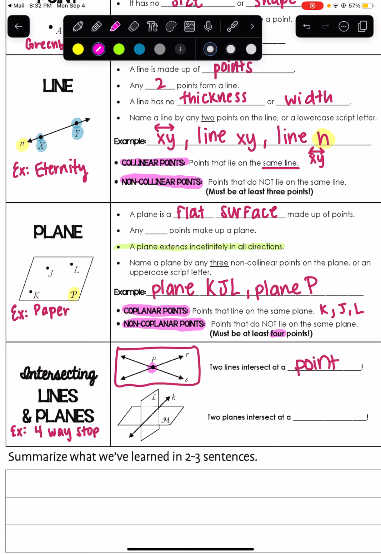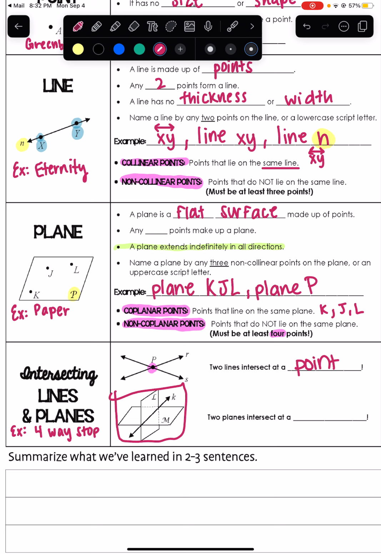There is another way that we have intersecting lines, but that is actually with planes. So as you see, this kind of looks like we have a standing up piece of paper. Let me highlight so I can tell you all what we're talking about. So in this example, we have a piece of paper that's like standing up and a piece of paper that's like horizontal.